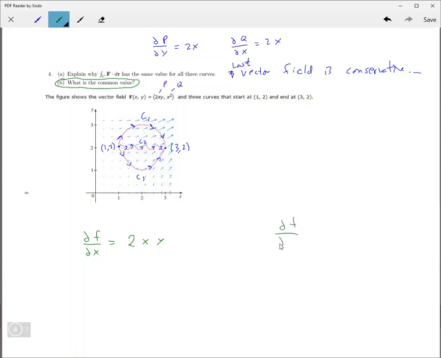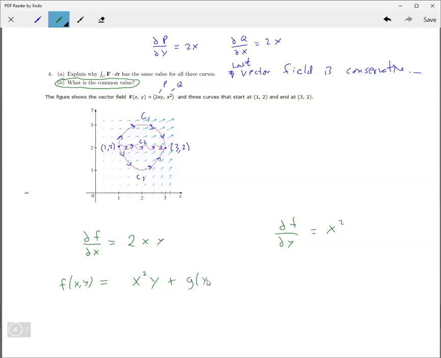The partial of that function with respect to y is x squared. Okay, so if I integrate with respect to x, what do I get? 2y. That's the derivative. I want to go the opposite way. And then 2x. Oh, use x squared y. Yeah, x squared y.